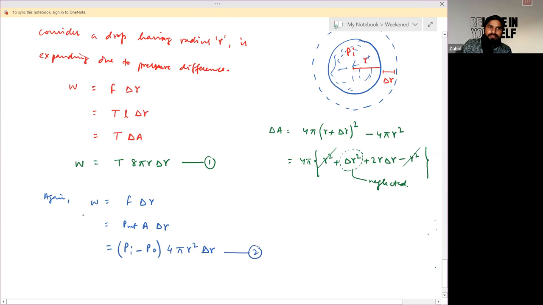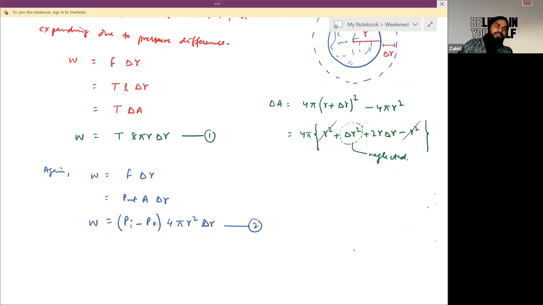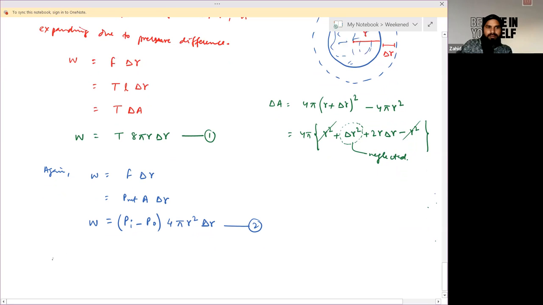Now, since these two equations are for the same work done, they must be equal to each other. So on combining these two, from equation first and second, Pi minus P naught times 4 pi r square delta r equals T times 8 pi r delta r.